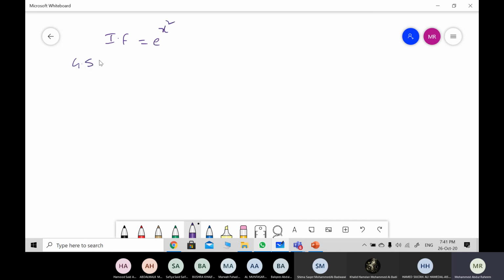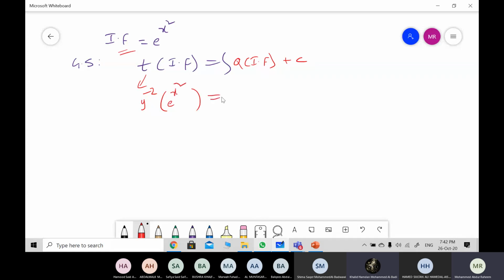And now the general solution, because linear in t: t times IF equals integral of Q times IF plus C. T is actually what we put from the linear equation from Bernoulli, the t was y power minus 2. And IF is here e power x square, integral Q times IF, same here, dx plus C. But Q is 2 e power minus x square.